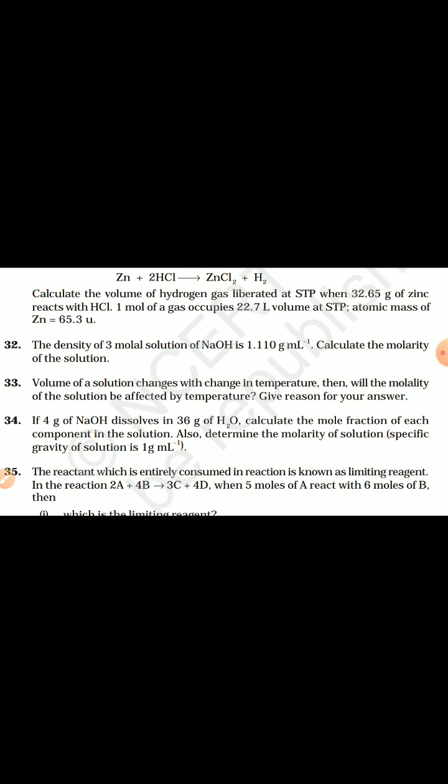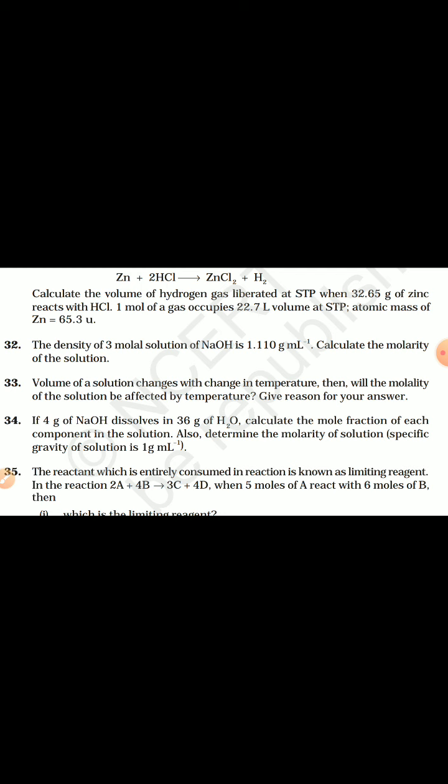Now the main thing is that I have to find out the volume of the solution. So the volume of the solution is equal to mass divided by density. Mass of the solution is 1120 divided by the density, that is 1.11.